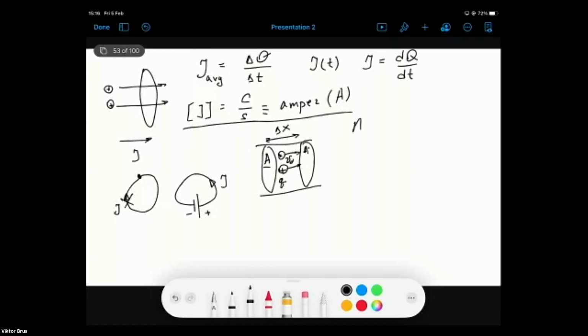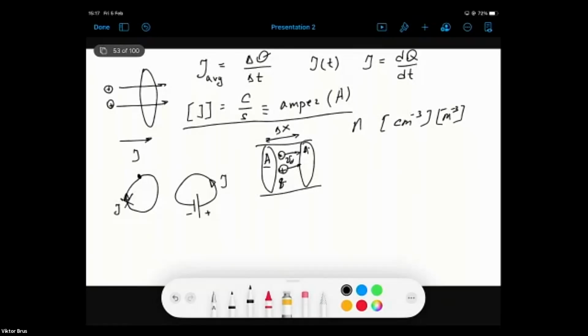It's N, measured in units of centimeter to the minus third, or meters to the minus third. So it's how many charge carriers we have per cubic centimeter. Then we multiply by this volume and the charge of a single charge carrier, q.